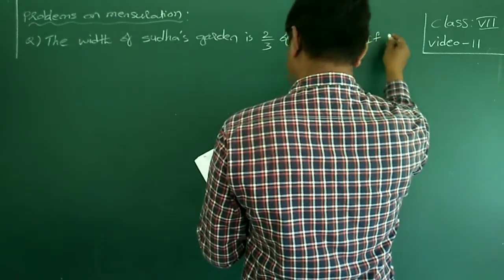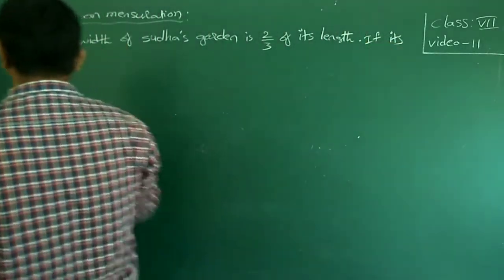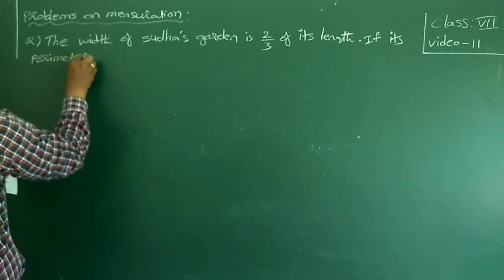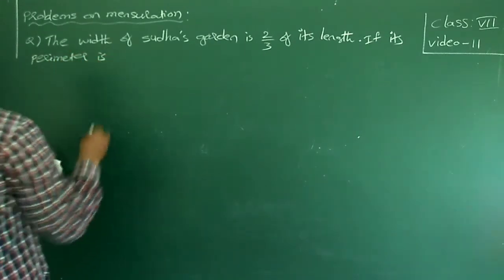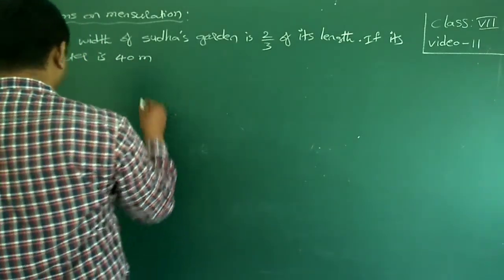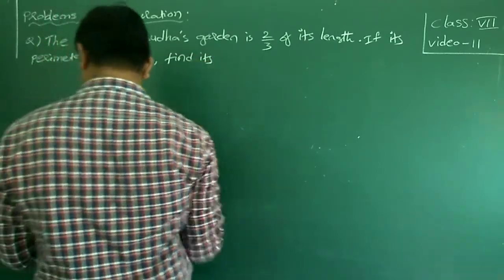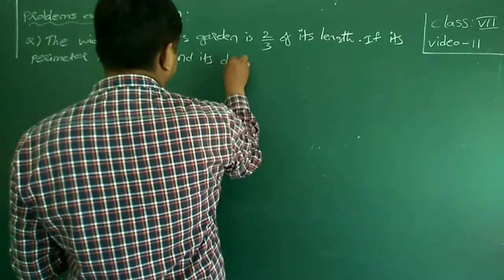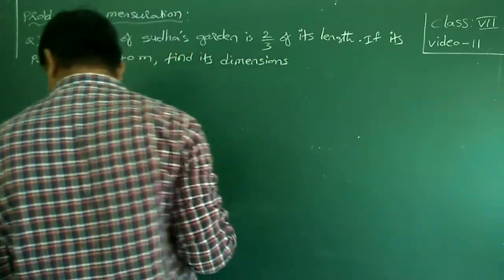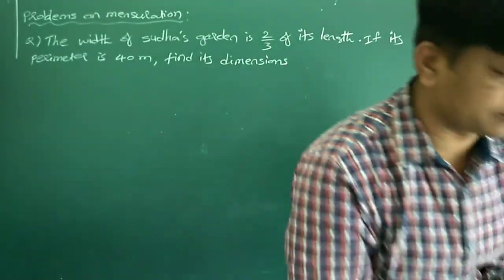If its perimeter is 40 meters, find its dimensions. Dimensions is nothing but length and breadth we have to find out. Find its dimensions.